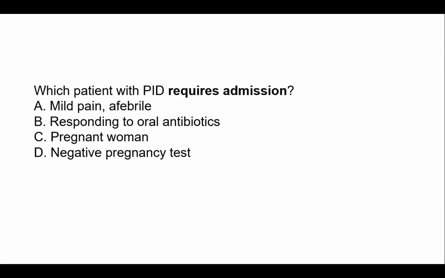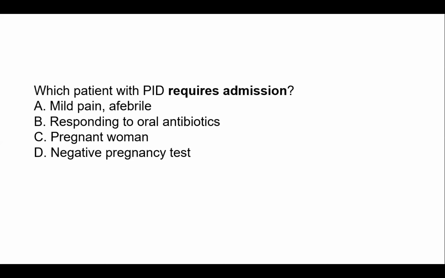In which patient does PID require admission? Any patient who is not responding to oral antibiotics, or who is febrile, or who is showing acute abdomen features, like you cannot touch the tummy, where you cannot rule out tubo-ovarian abscess or any other acute abdomen, you have to admit.